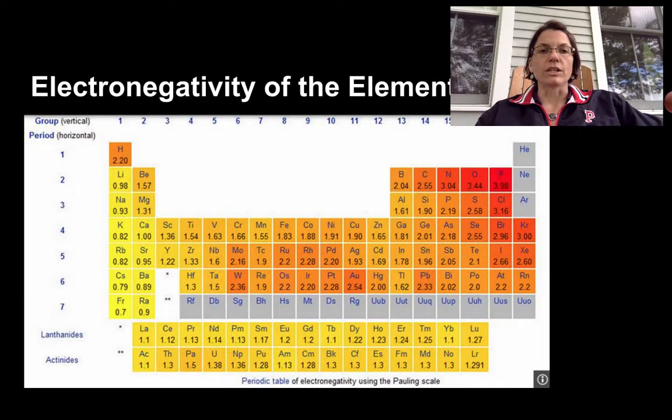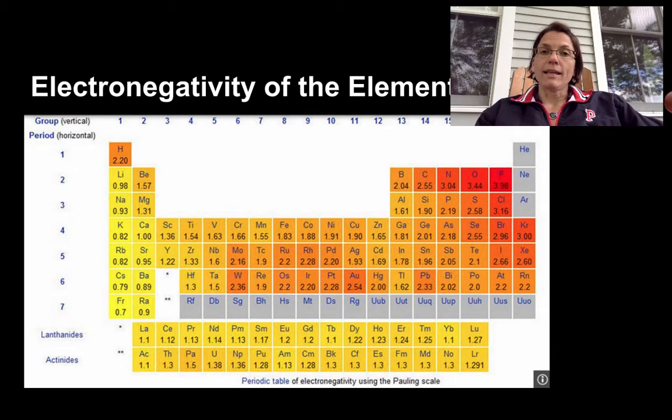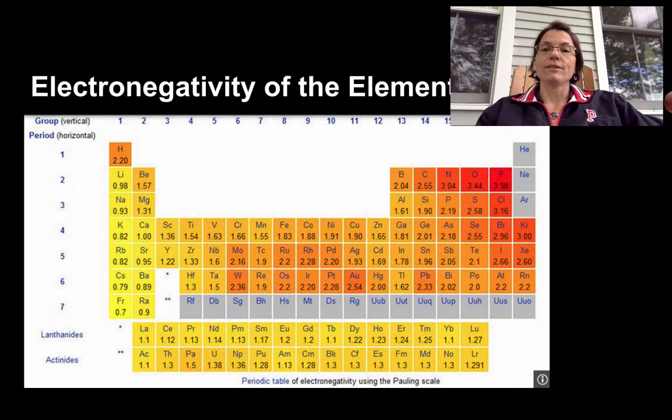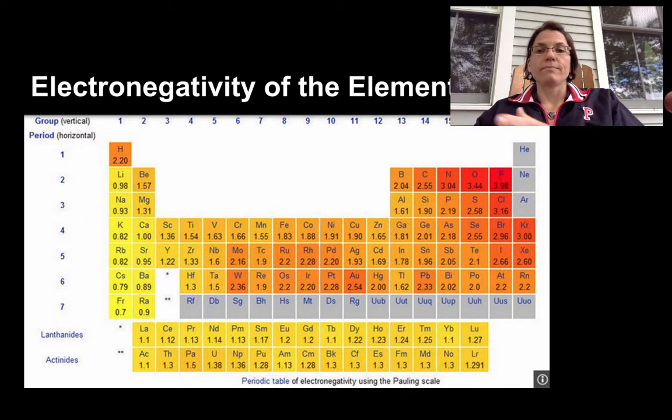Hydrogen has an electronegativity of 2.2 and oxygen is 3.44. If we take the difference of those two, that's well above 0.4, so the hydrogen-oxygen bond is a polar bond. And by the way, the element that has the higher electronegativity is the one that has the negative end of the bond, because that's the one that's pulling stronger.